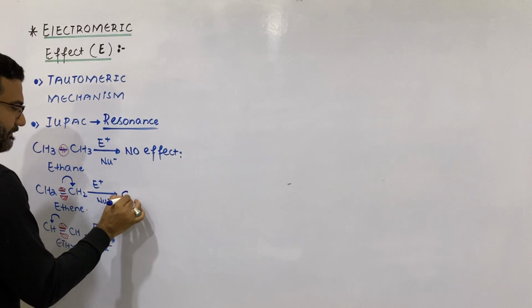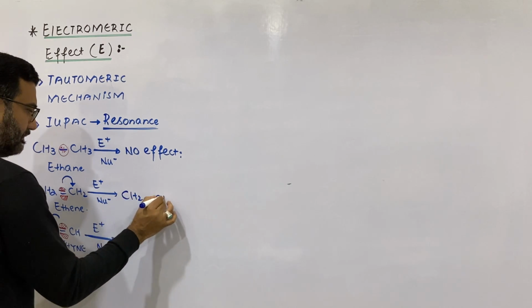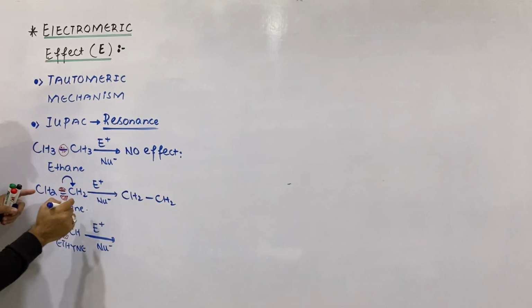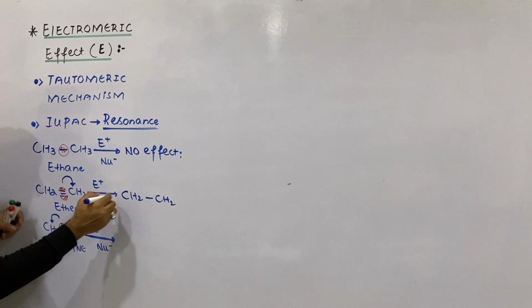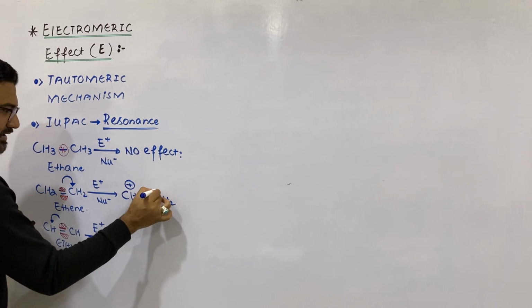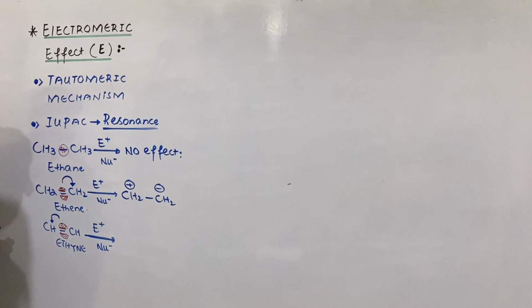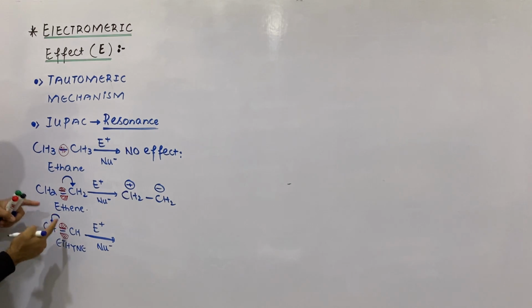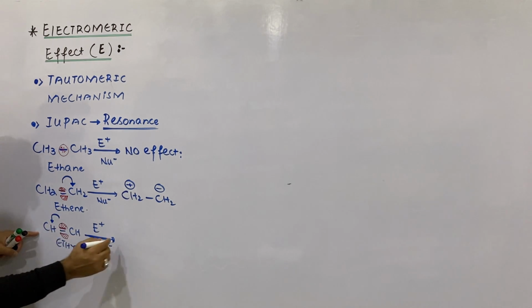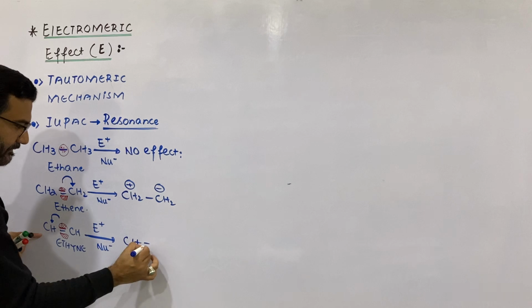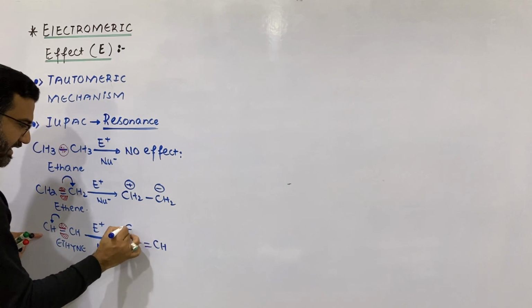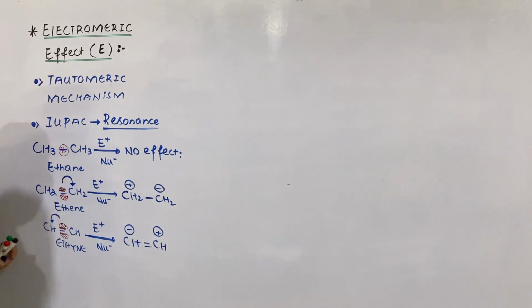As a result, the two pi electrons are shifted to this carbon, so it will get a negative charge and the other will become positive.